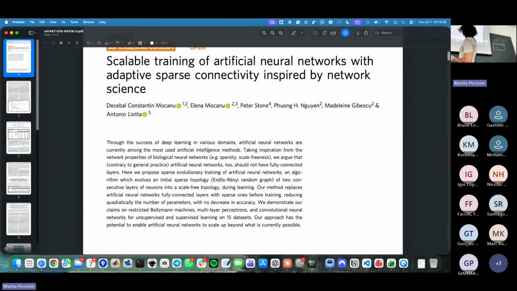Taking inspiration from biology, they say that sparse connectivity can improve the performance of the network in general, and they make some examples.